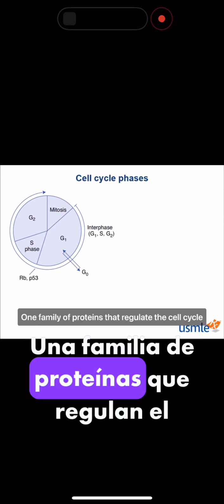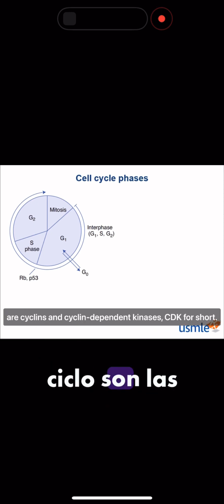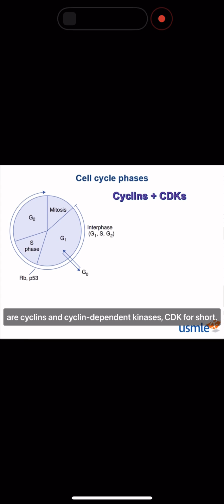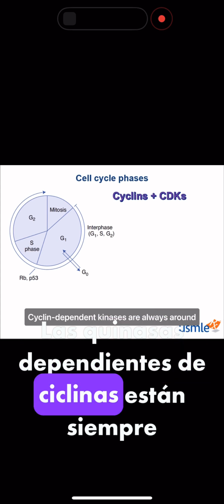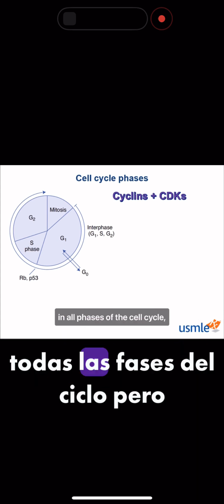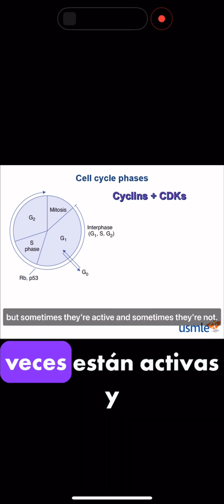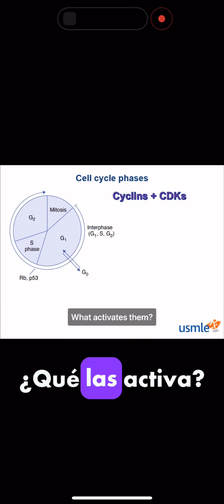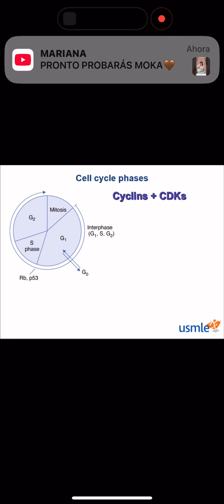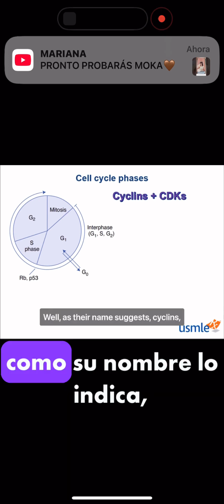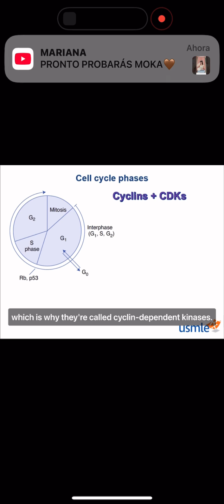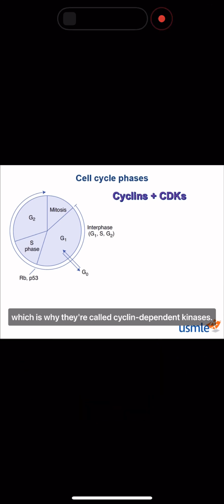One family of proteins that regulate the cell cycle are cyclins and cyclin-dependent kinases, CDK for short. Cyclin-dependent kinases are always around in all phases of the cell cycle, but sometimes are active and sometimes are not. What activates them? Well, as the name suggests, cyclins, which is why they're called cyclin-dependent kinases.